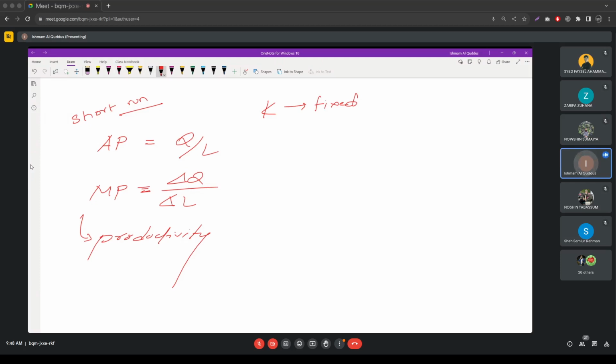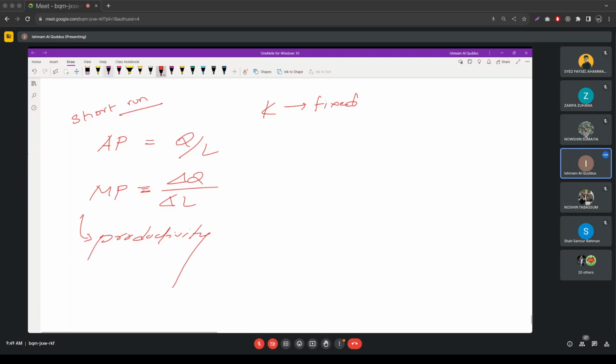For example, how much more marks you're getting due to your higher effort. Let's say you increase the number of study hours. How much did that additional hours of study help you get a higher score? So this is important.